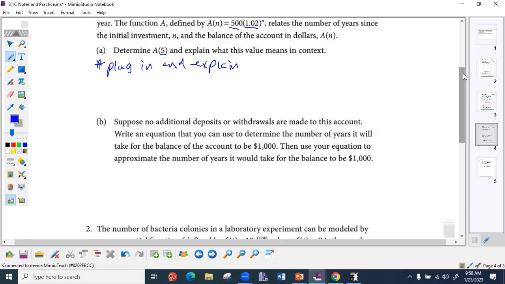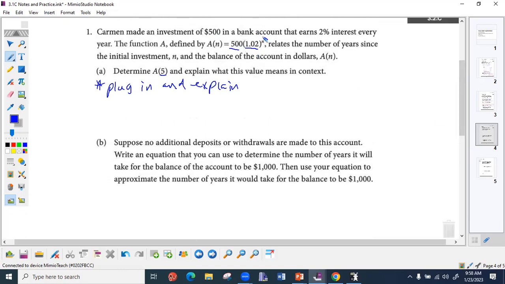Okay, $1,000, is that your input or your output for your equation? It's our output. So it's not changing anything. It's your output, so that means you're taking this and you're doing what with it? You're making it equal. You're not inputting $1,000 in. It is your output. It's your result. It's what it equals. Okay, remember that.